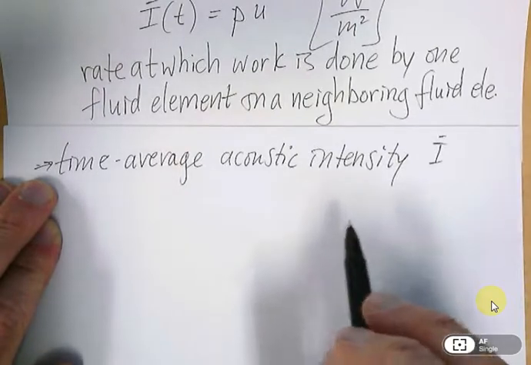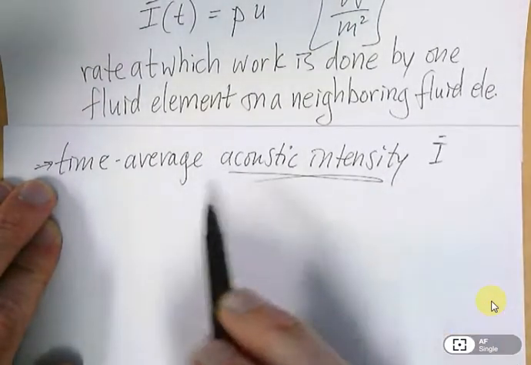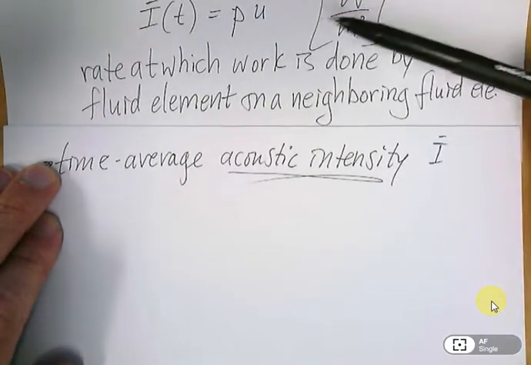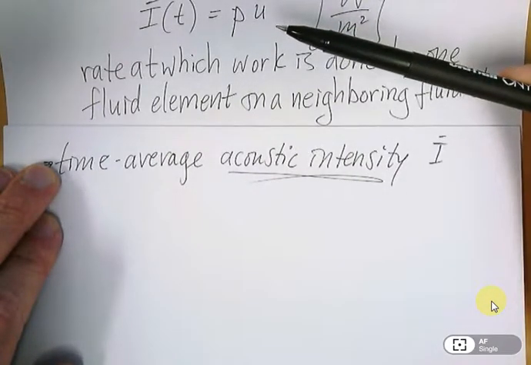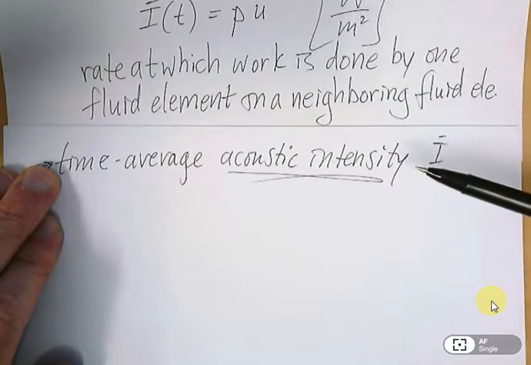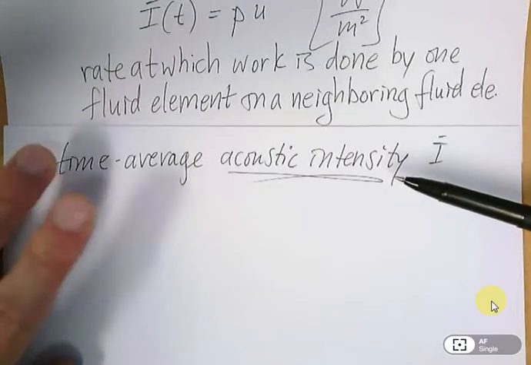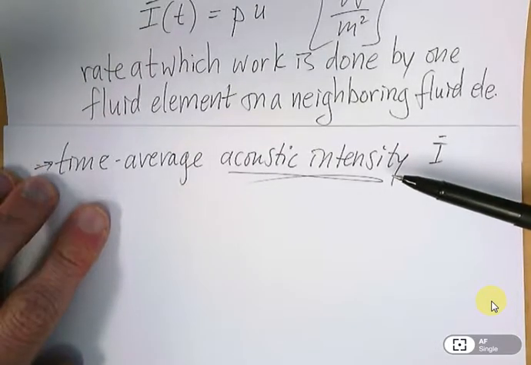But in the future, we'll use intensity throughout this course, because we rarely, if ever, need the instantaneous quantity. Whenever we refer to intensity or acoustic intensity in the future, we imply time average acoustic intensity.